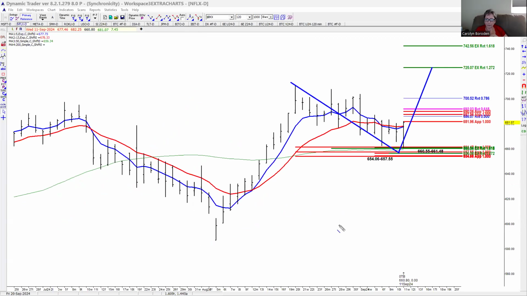What I don't like about Netflix at the moment is that the 5/13 hasn't quite crossed. Well, wait a second. Nope. Almost crossed back to the upside. If we can have the 5/13 cross back to the upside, then this increases the odds for this potential upside there. I haven't done the timing on NVIDIA just yet.